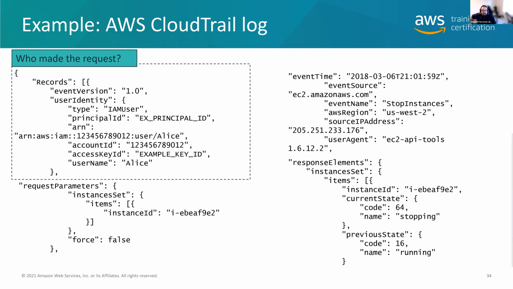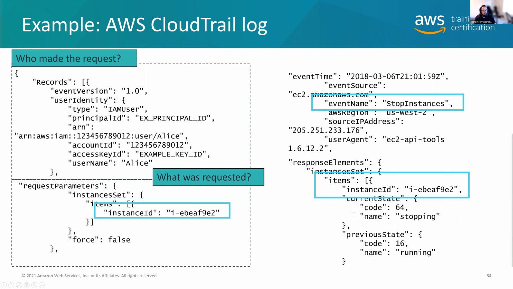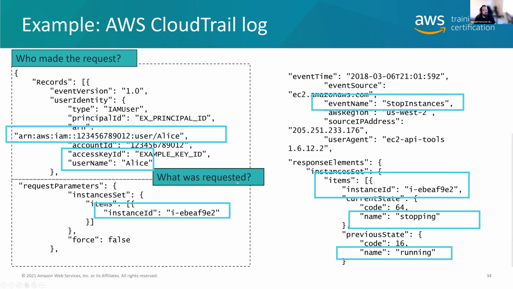Perfect, right? Because you can actually see it. Let me just highlight that in case somebody doesn't see it, because it's your first time seeing this. So here's an instance ID. Here's another instance ID. Here's the event name, here's the stopping. Here's what it was doing before. It was running, right? Here's Alice's username. Here's Alice's ARN, Amazon Resource Name.